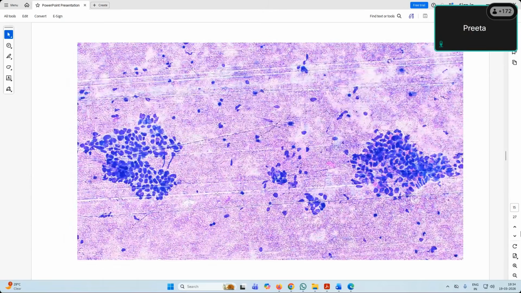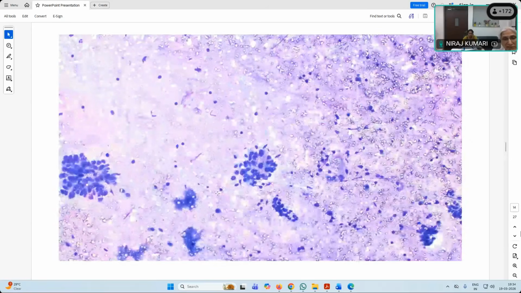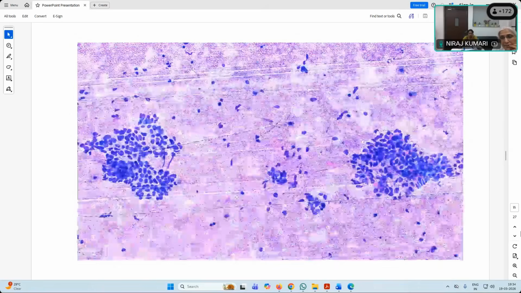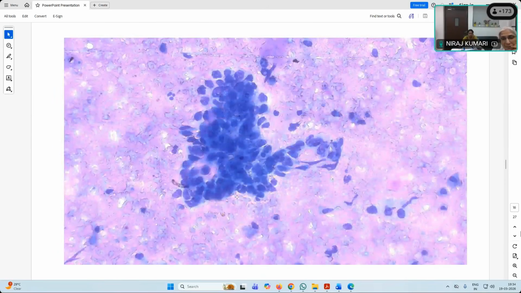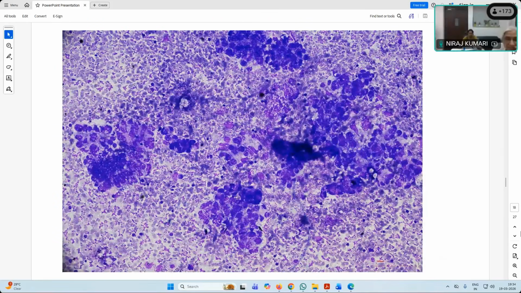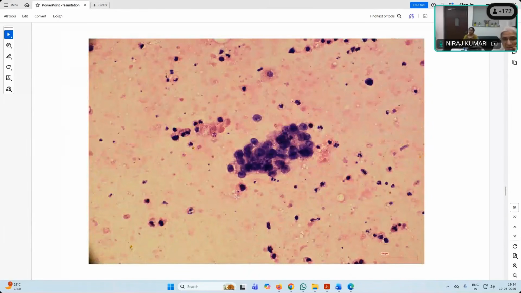So you have this morphology, where they are forming some rosettes. Again here. What could be the DD? Ma'am, I'm not sure. Anybody else? Dr. Sagar? Neuroblastoma.